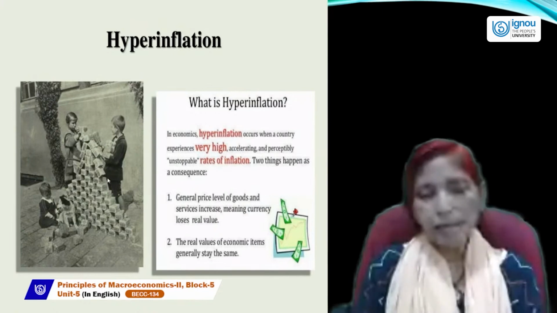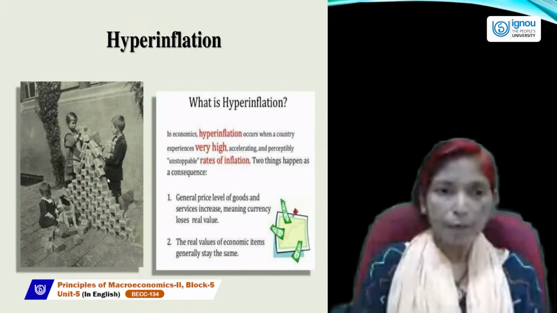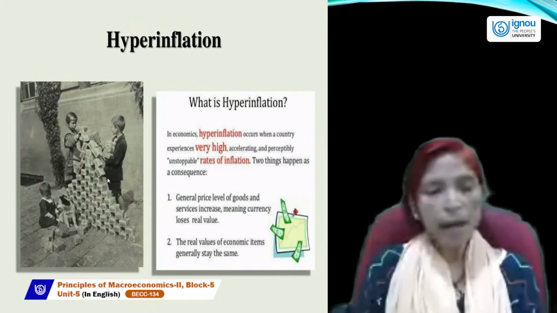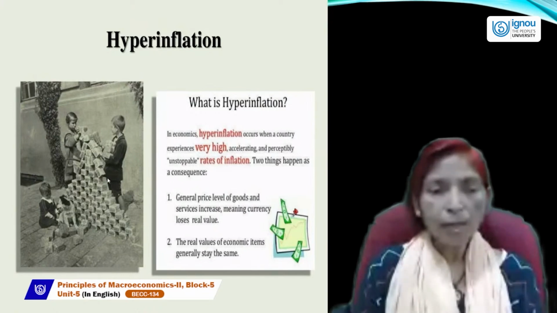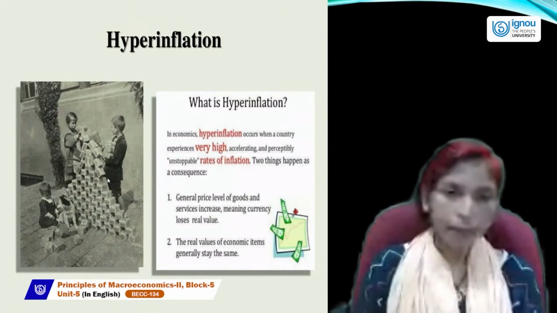And second, the real value of economic items generally stays the same. Hyperinflation is a very bad situation, and we should always control it, because if it is not handled by the economy, then the economy will be spoiled or destroyed due to hyperinflation.